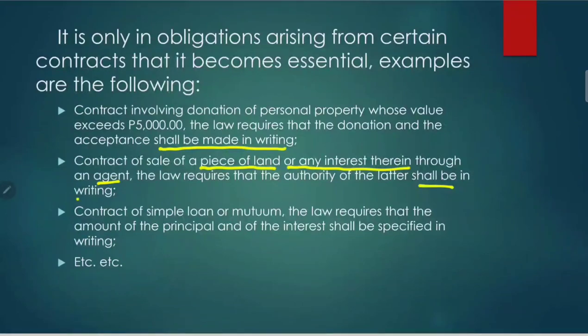So, ito yung mga specific requirements sa form na exception sa general rule. Contract of simple loan or mutuum, the law requires that the amount of the principal and of the interest shall be specified in writing. And marami pa pong iba na i-discuss natin in detail sa mga susunod nating discussion pagdating sa forms.